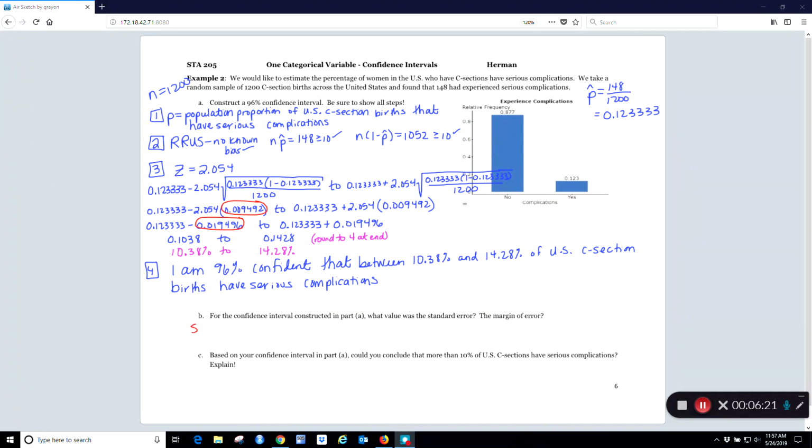So that piece is my standard error. The other piece I circled, after we multiply our standard error by our Z, is the margin of error. So our 0.019496 is the margin of error.